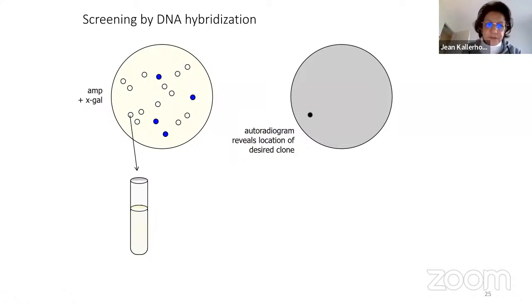And now that you have your culture, you can work with it for 1, 2, 3, 4 years, or for how many years you want. Okay? So you know that within this bacterial colony, you have a plasmid that contains your sequence that you have inserted and that you are looking for.